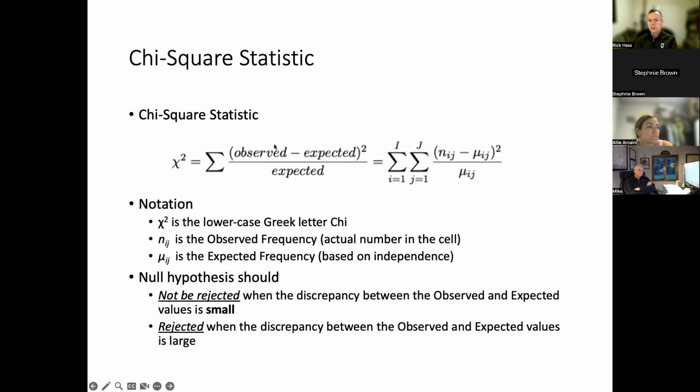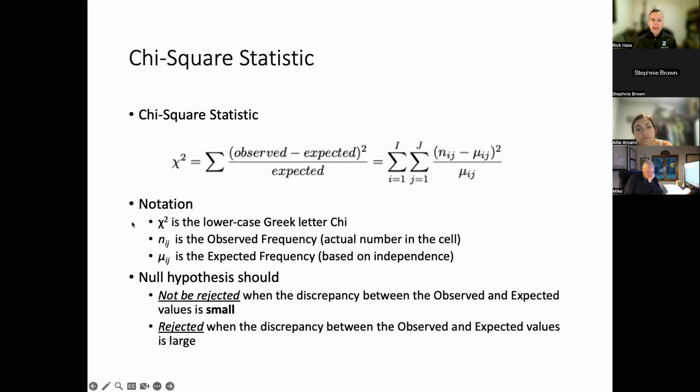If there is a large difference between observed and expected, going back to that original example, that means that statistical independence is probably violated, right? So if we get a large discrepancy, the chi-square test is basically giving us a measure of discrepancy between the actual data we have and what would be the case if the null hypothesis was true.